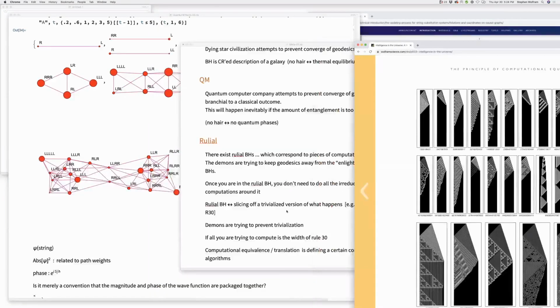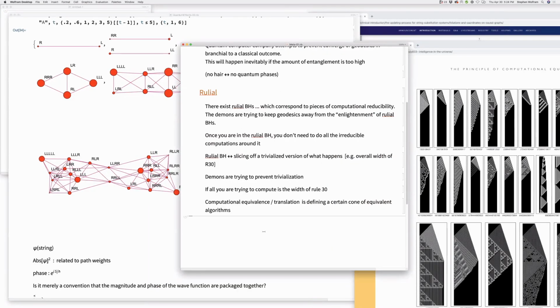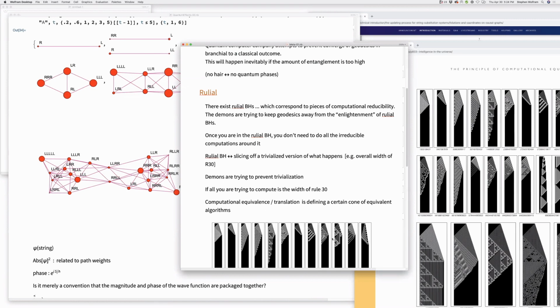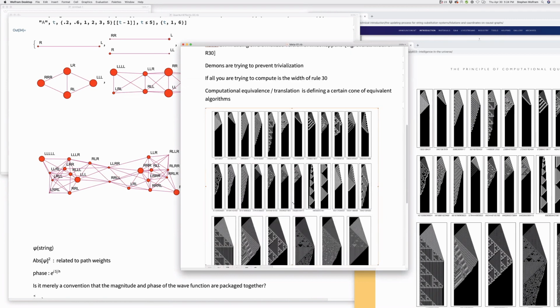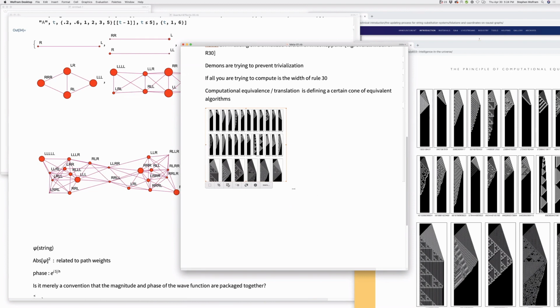Somebody is asking on the live stream, what is a rule black hole? So the idea is, in this space where you have a rule space multiway system, every node, every branch in the multiway system can correspond to a different rule being applied.